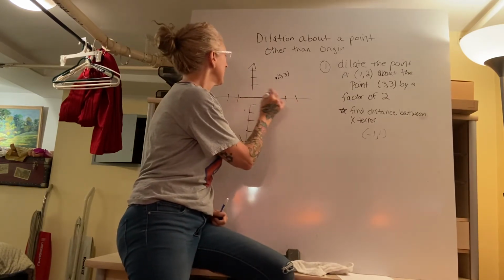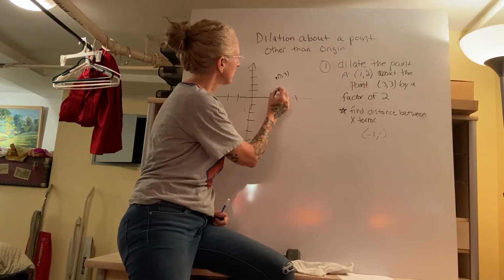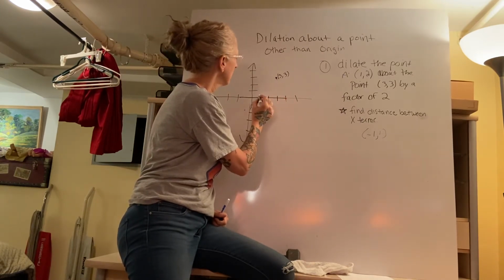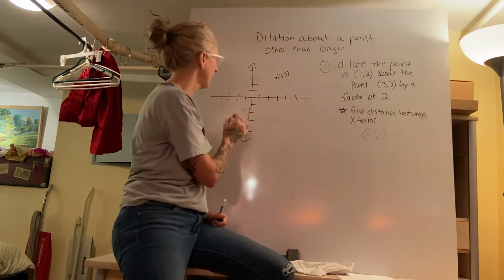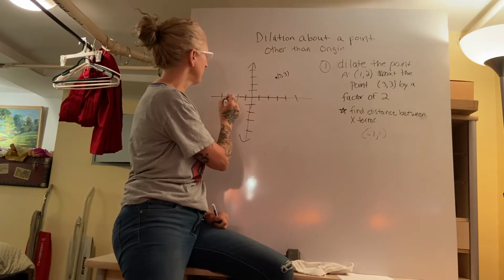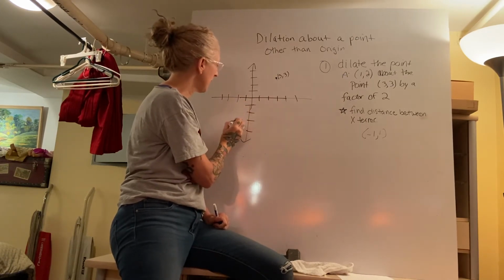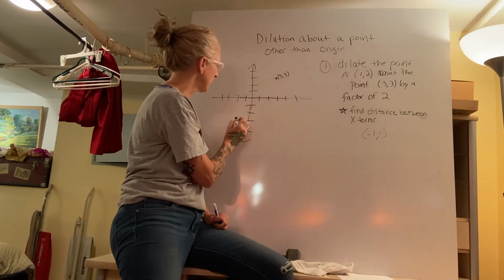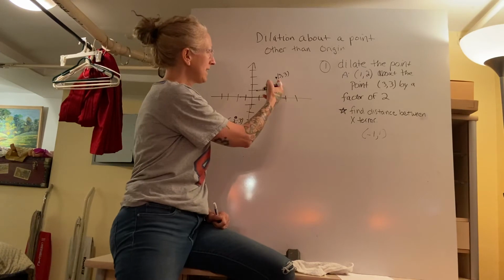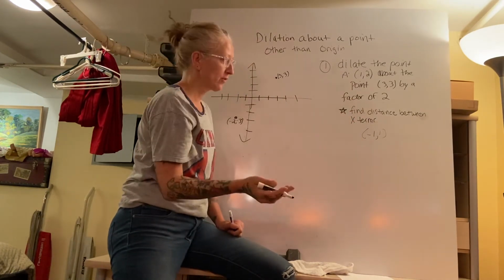This is (3, 3), so let's take a point that's negative. We'll take the point (-2, -3). How about that? All right, so we're way over here at (-2, -3), and I want to dilate this by the same factor, a factor of 2, okay?